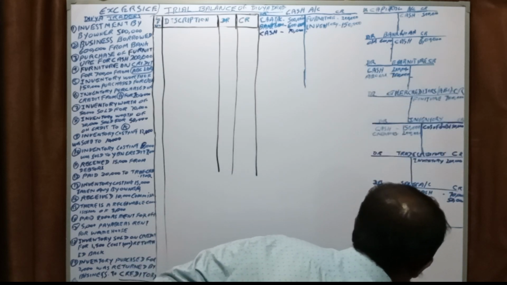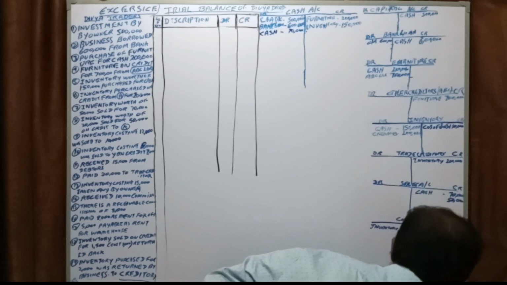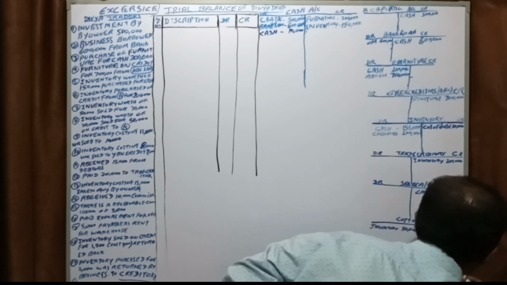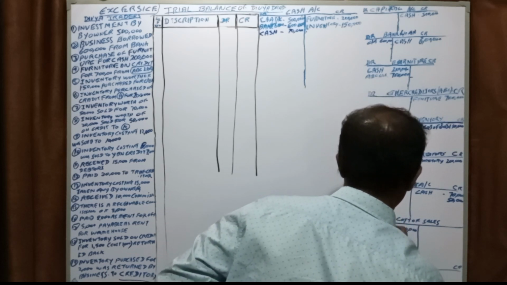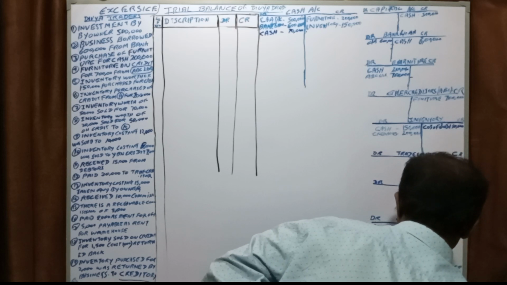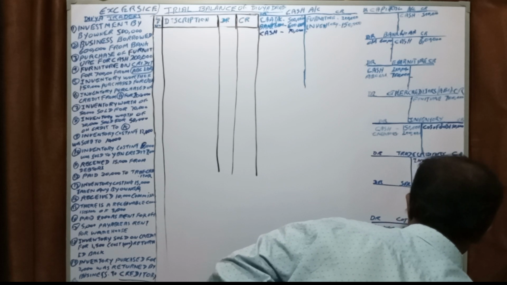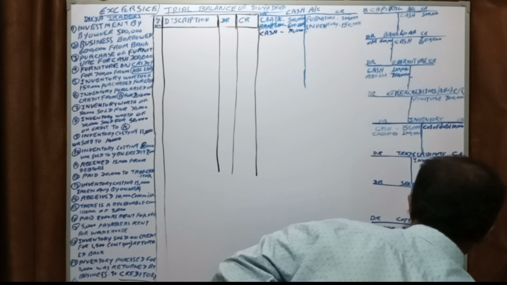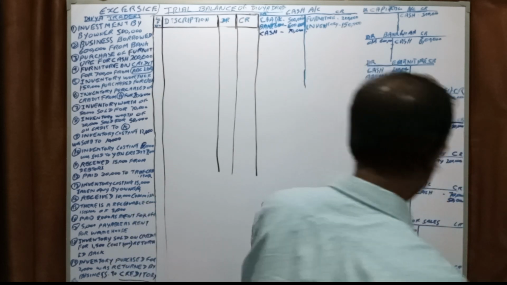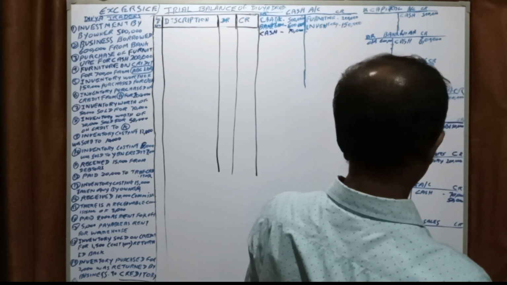Okay, debit, credit, debit, credit, trade debtor. On debtor, we are removing. What is the entry we have passed? Sales account.